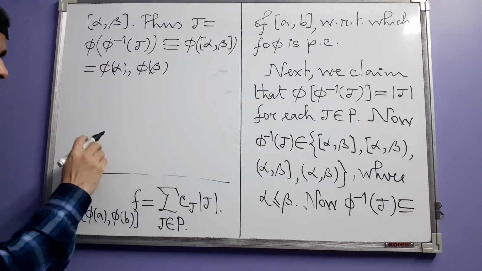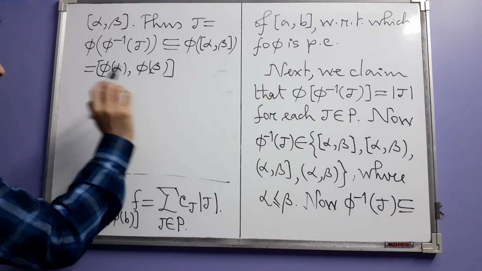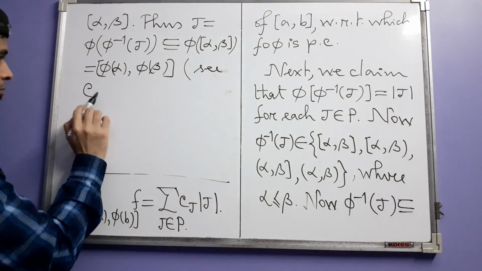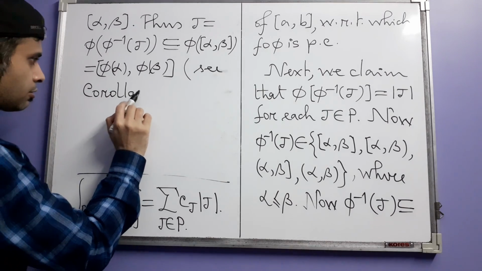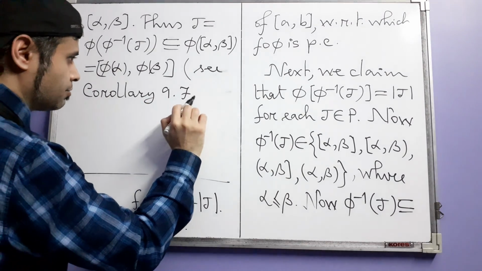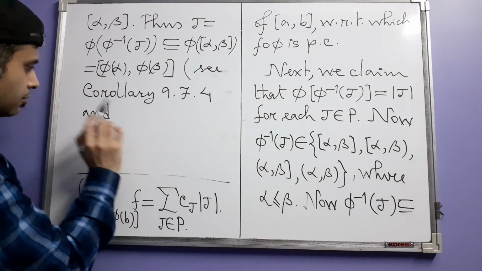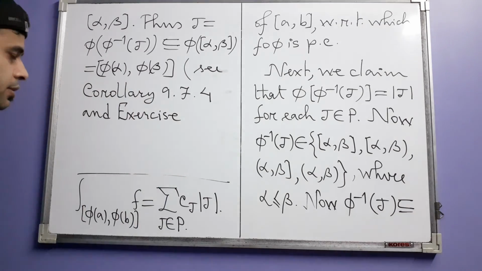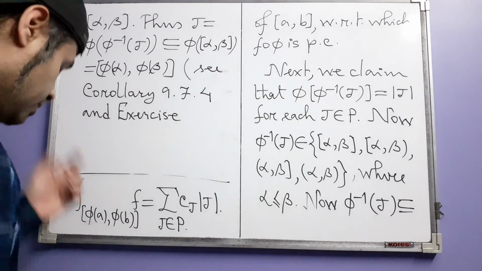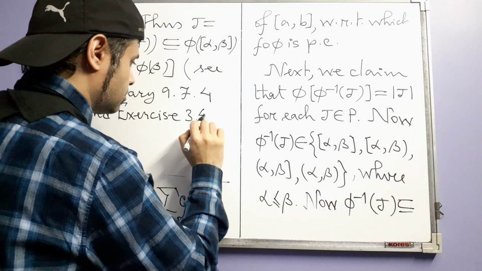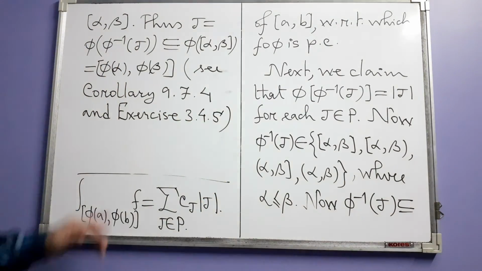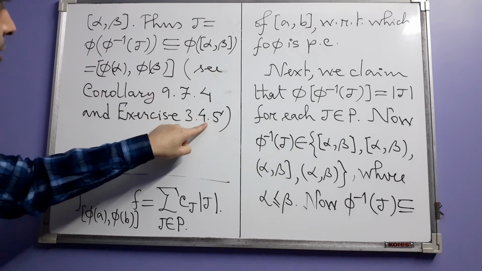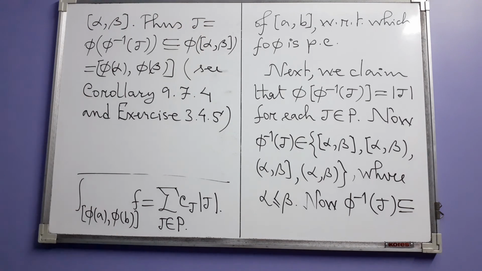Again, because phi is monotonically increasing and continuous, and the justifications are these: Corollary 974 and exercise 345. Corollary 974 justifies this equality and exercise 345 justifies this equality.